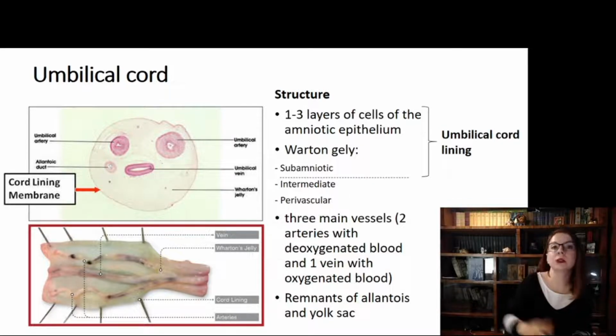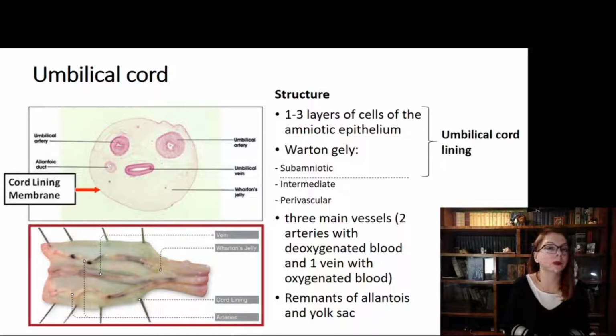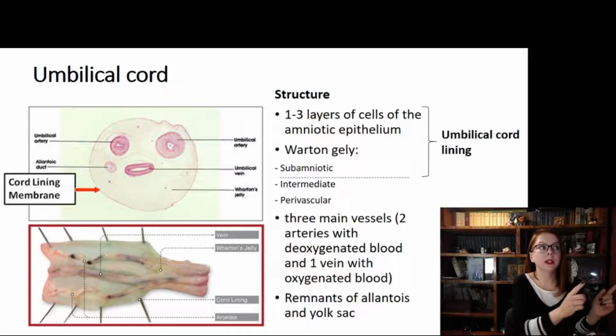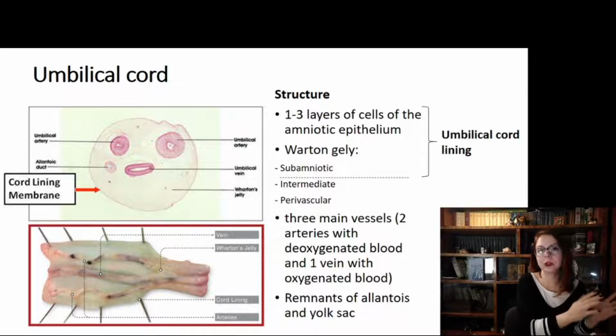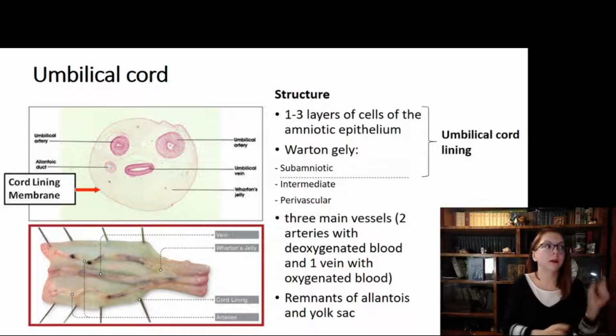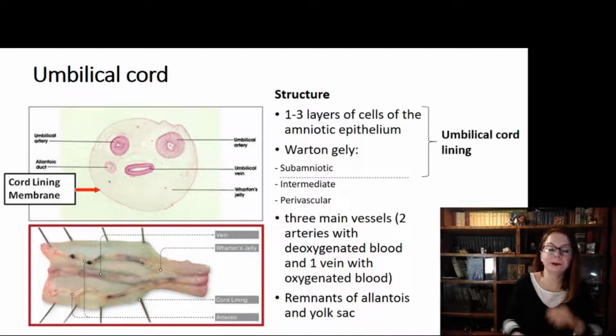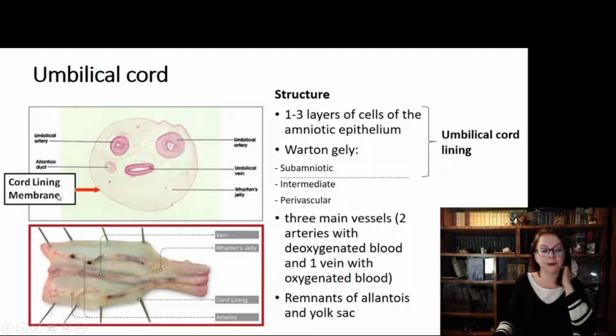You remember allantois, the structure which was used to provide vessels to the placenta. But itself, allantois represents a rudimentary structure, and it is present only in the umbilical cord close to the fetus. Also, the yolk sac could be found there, but it is very short, not so prominent as allantois, but also could be found there.